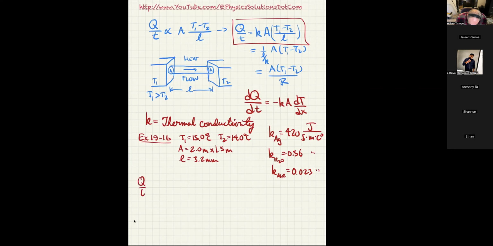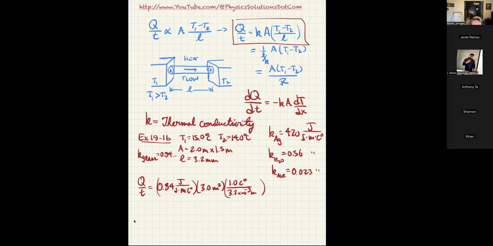So Q over t is going to equal k, and k for glass, according to that table, is 0.84 joules per second per meter per Celsius degree, times the area, which would be 3.0 meters squared, times the change in temperature, which is 1.0 Celsius degrees, over 3.2 times 10 to the negative 3 meters.